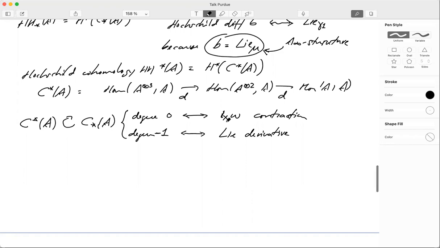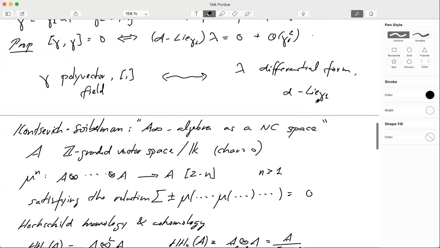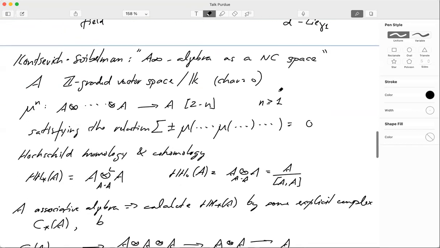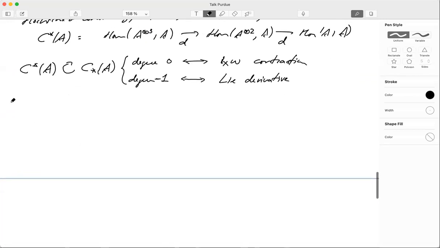So we already know what the Lie derivative here is. Now we just need to come up with a version of the de Rham differential. And the de Rham differential is going to be given by the cone differential. So for simplicity, let me just say assume A is strictly unital.